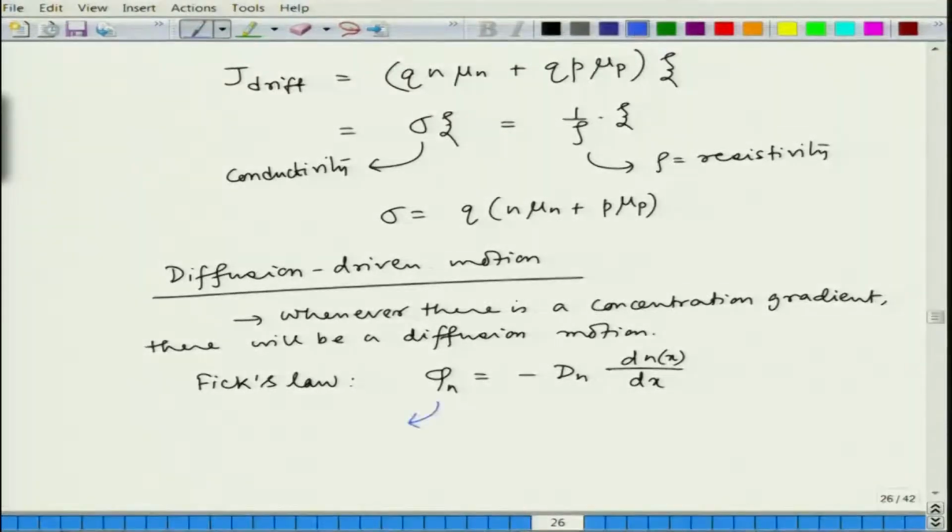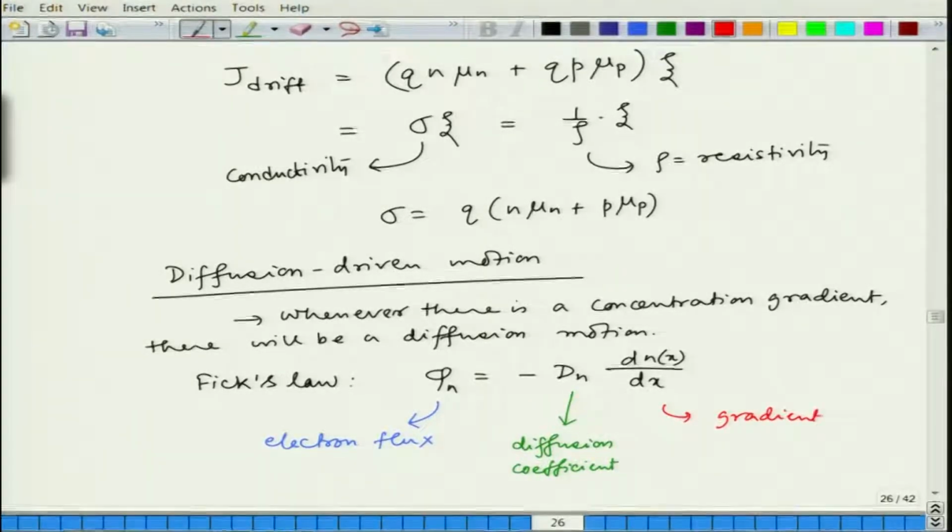This is the electron flux, okay. This is the diffusion coefficient, and this is the gradient in electron concentration, right.